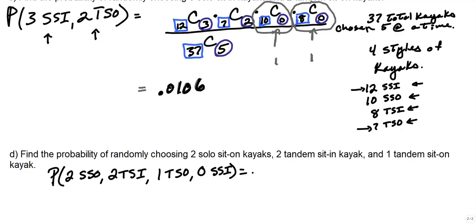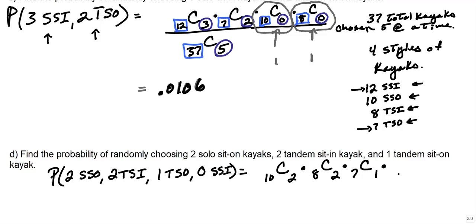So we'll write out our combinations. Okay, so we have 10 solo sit-on kayaks that we are going to choose 2 of. We have 8 tandem sit-in kayaks that we're going to choose 2 of. We have 7 tandem sit-on kayaks that we will choose 1 of.